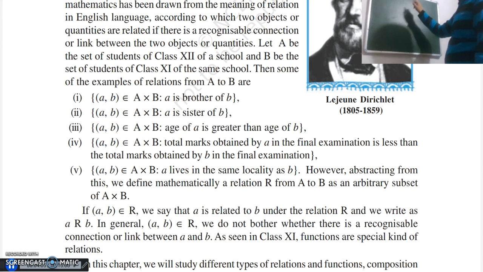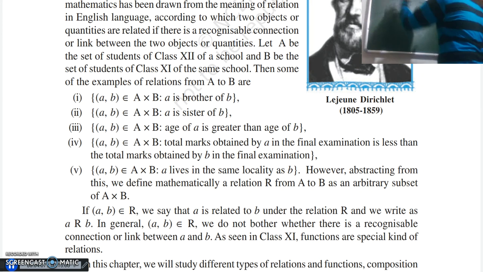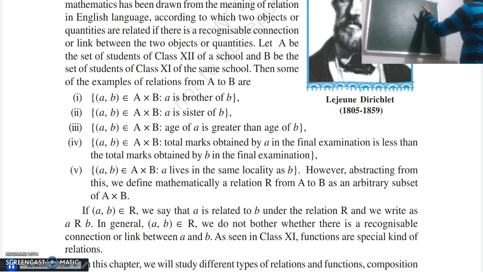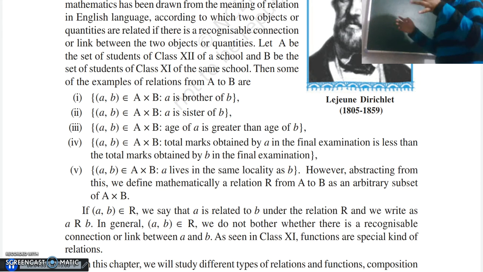If A has 1, 2, 3, and the second set B has a, b, and c, both being non-empty sets: first (1, a), then (1, b), then (1, c), then (2, a), (2, b), (2, c), (3, a), (3, b), (3, c), and all these pairs when combined together form a specific set.